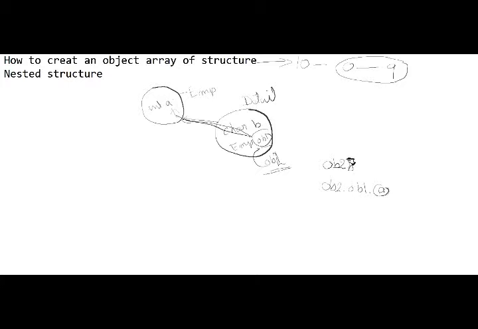For B, I am going directly from here. For A, I am going here, here, and from here to this part. These are the two ways we are accessing this.